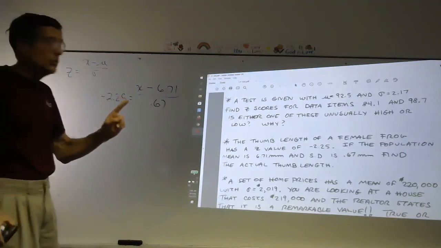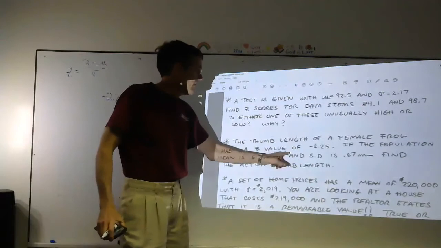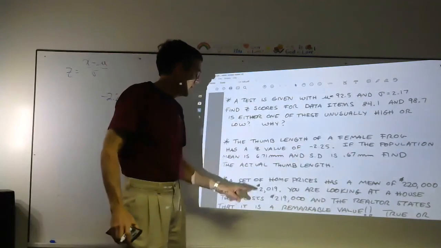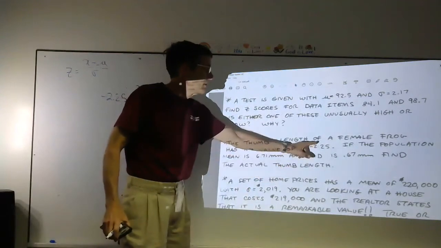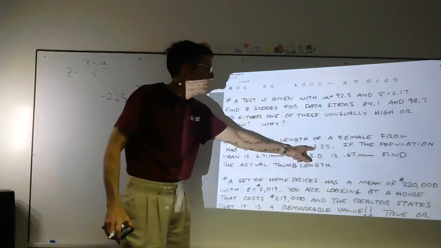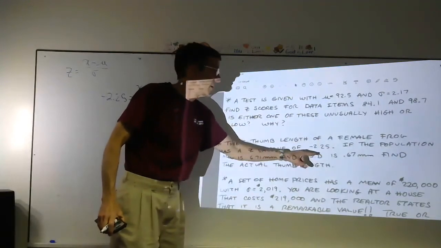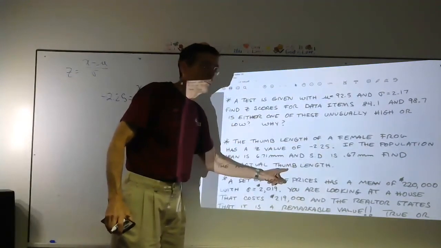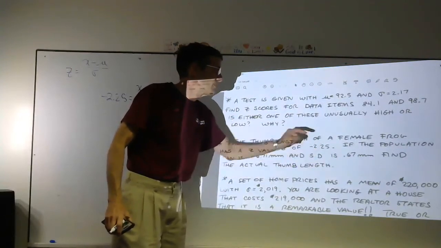But the other way you can do it is if you understand what a z-value is. This z-value tells you that the actual thumb length, the data item, is 2.25 standard deviations, it's negative, below the mean. I'll say it again. This thumb length, this data item, is actually 2.25 standard deviations below the mean.